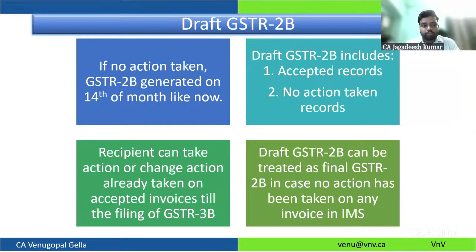Draft GSTR 2B, if I have not taken any action, will be generated the same way as the current GSTR 2B. So my draft GSTR 2B will include all the accepted records, and no action taken records will also form part of my GSTR 2B.